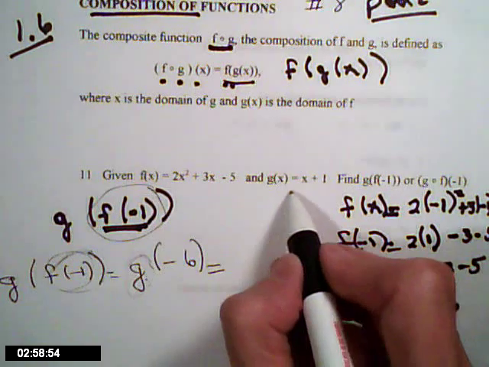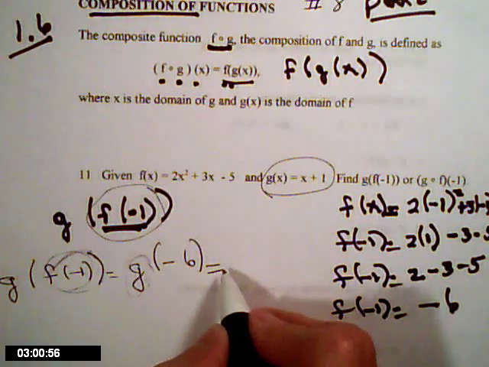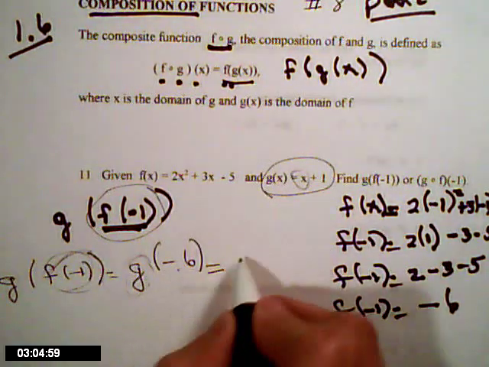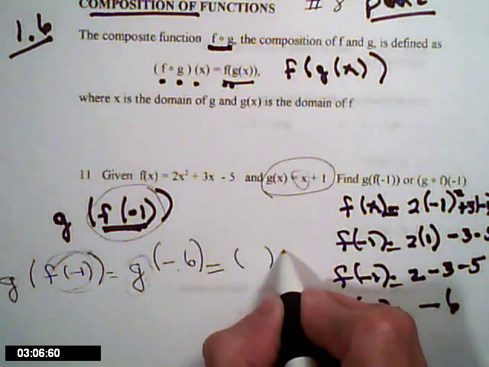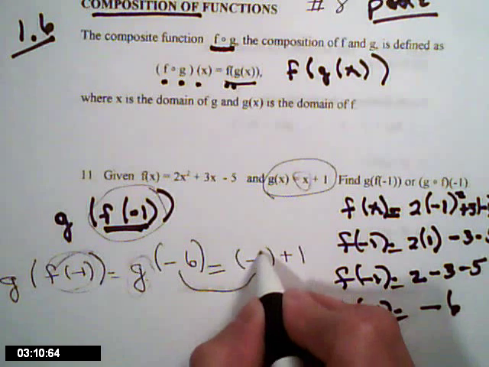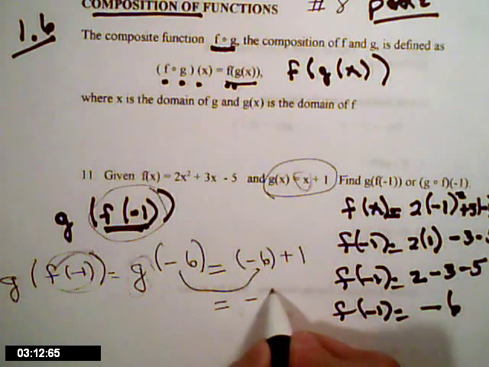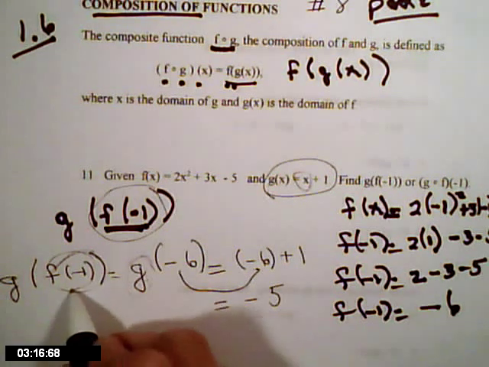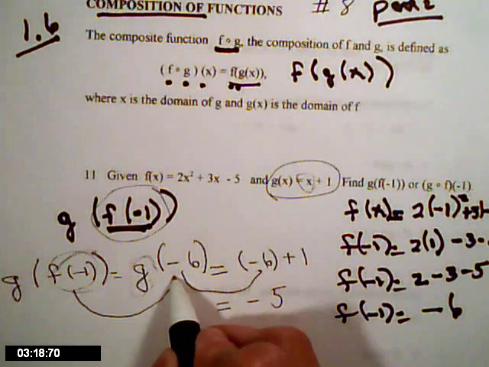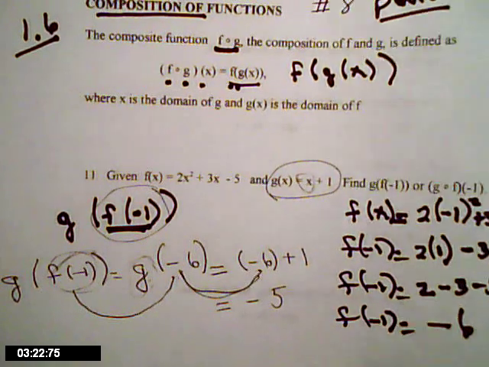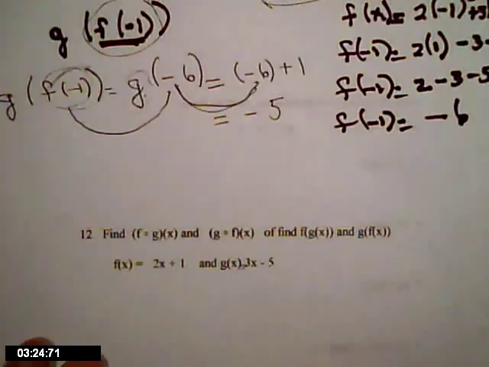Go to the g function, and every time you have an x, you replace it with -6. It's x plus 1, so I replace it with -6 plus 1. So my answer would be -5. Notice I replaced f of -1 with -6, then I replaced x with -6.